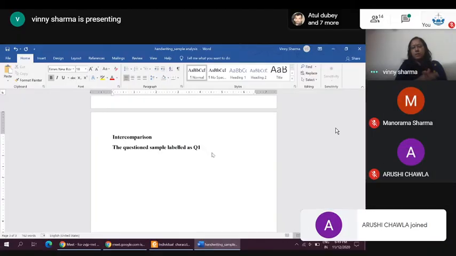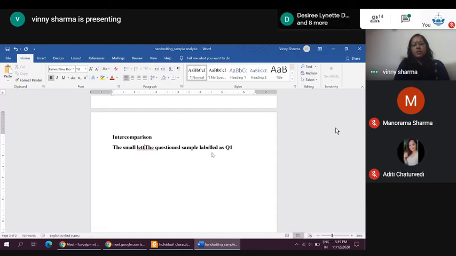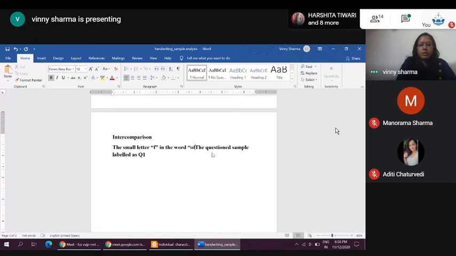For example, since I am observing the small letter F, in the word off, in the question sample labeled as Q1.